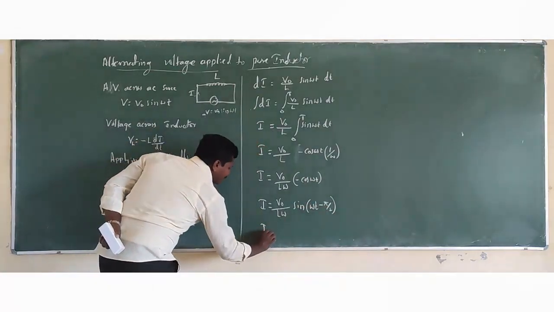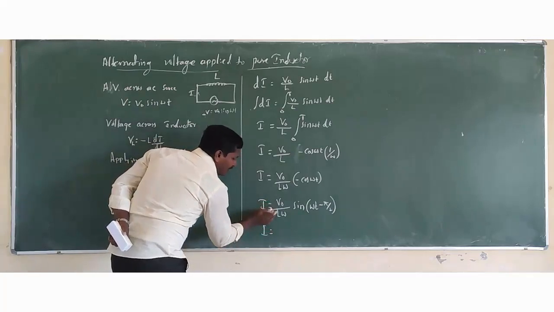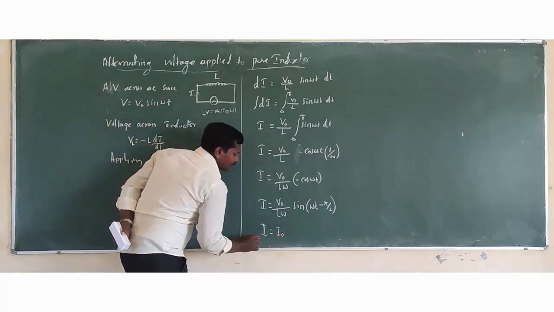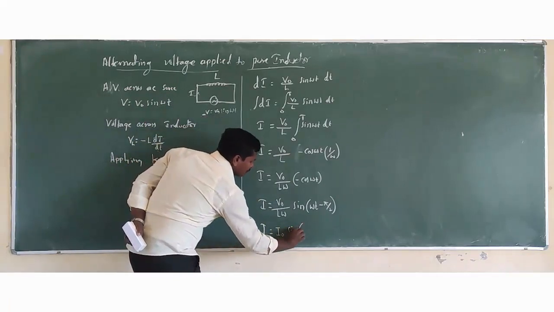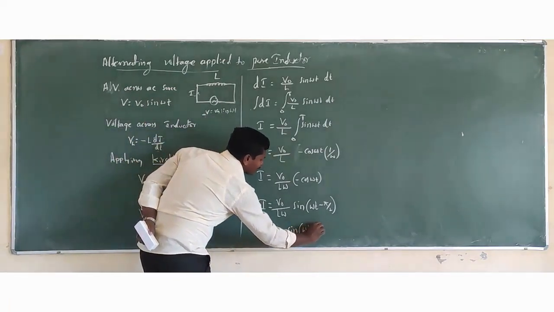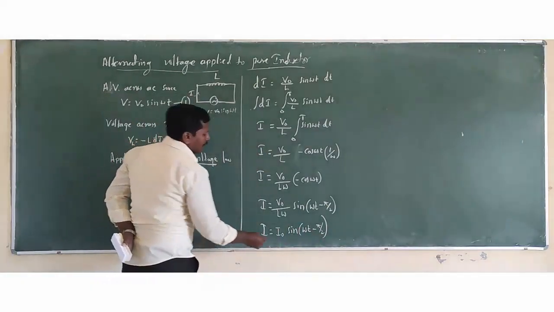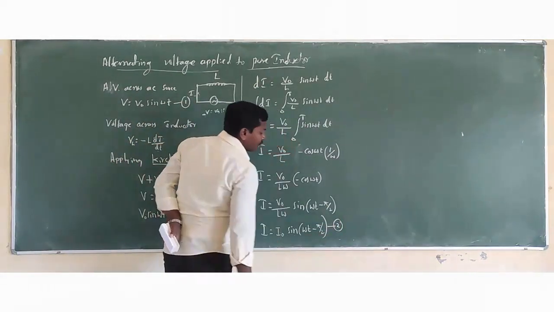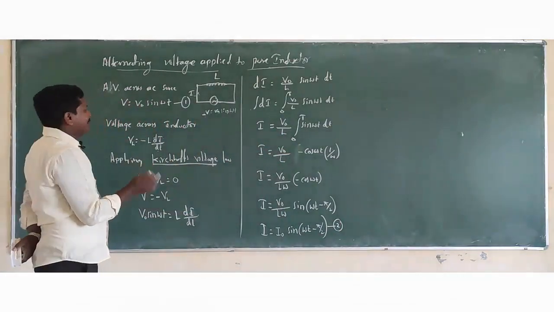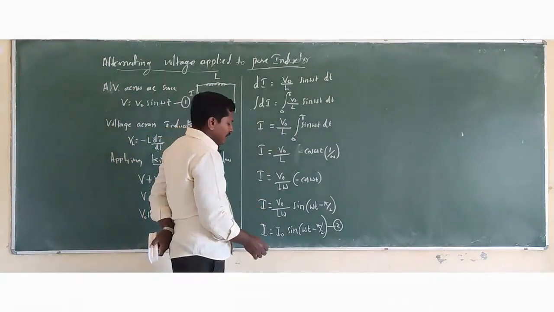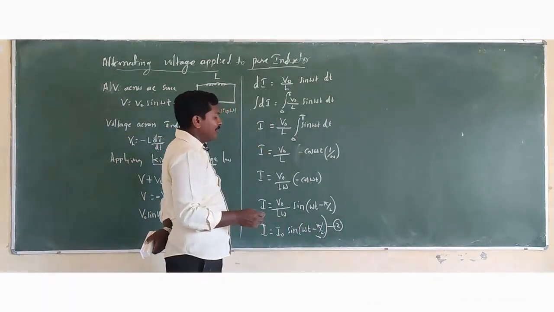Now this can be written as I is equal to I naught sin of omega t minus pi by 2, where I naught is V naught divided by L omega. Let us consider this equation number 1 and this equation number 2. If we compare these two expressions, voltage and current, there is a phase difference of pi by 2.